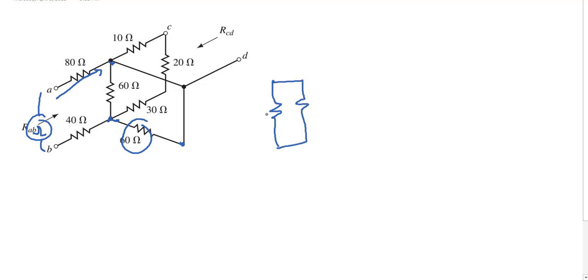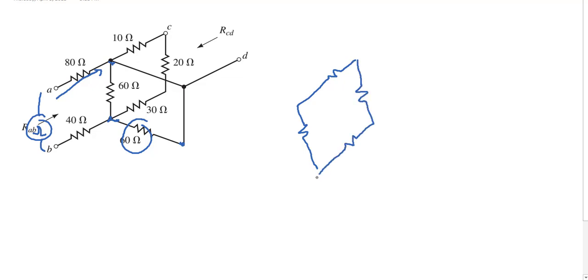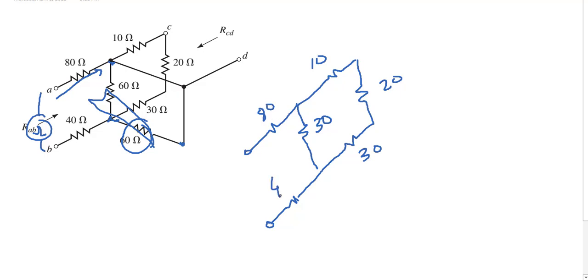That's simple, just calculate their equivalent, and we get the following. So this is now 30 ohms, which is the result of these two in parallel, and the rest is simple. This is 20, this is 30, this is 10, this is 80, and this is 40.